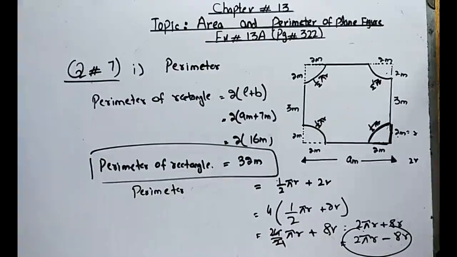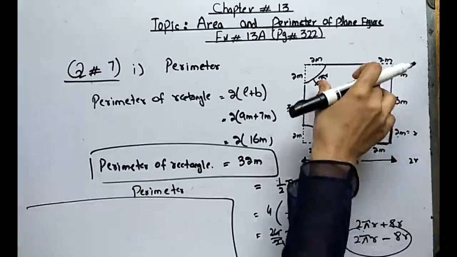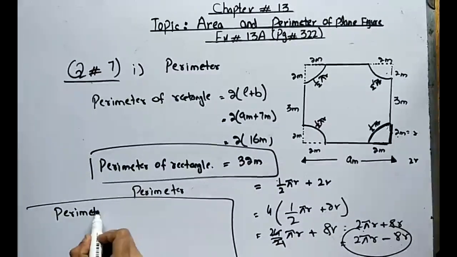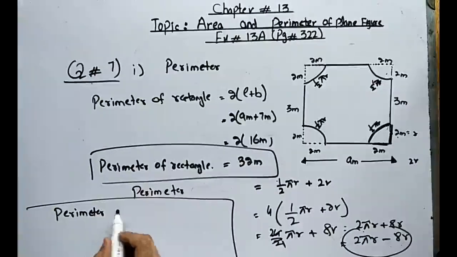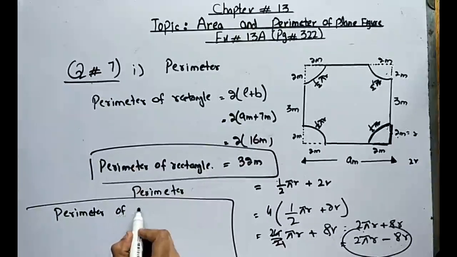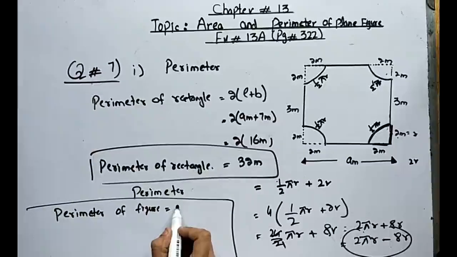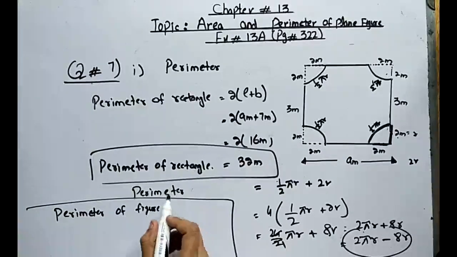So what will be the complete formula for a perimeter of this figure? Keep in mind that this is the formula for a perimeter. Perimeter of figure is equal to, you will use this formula.